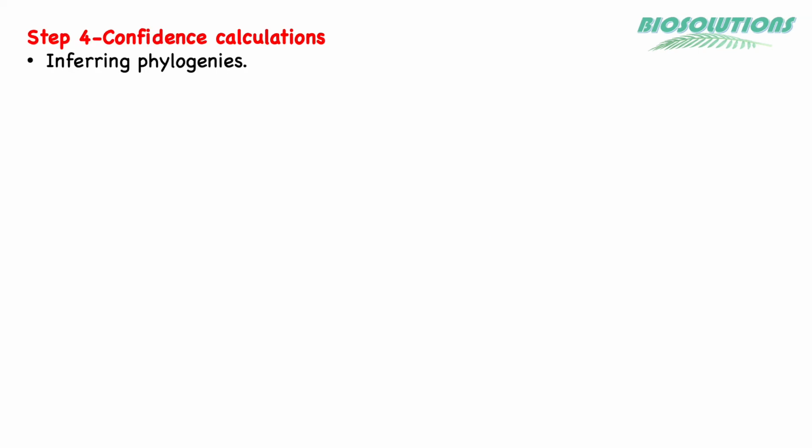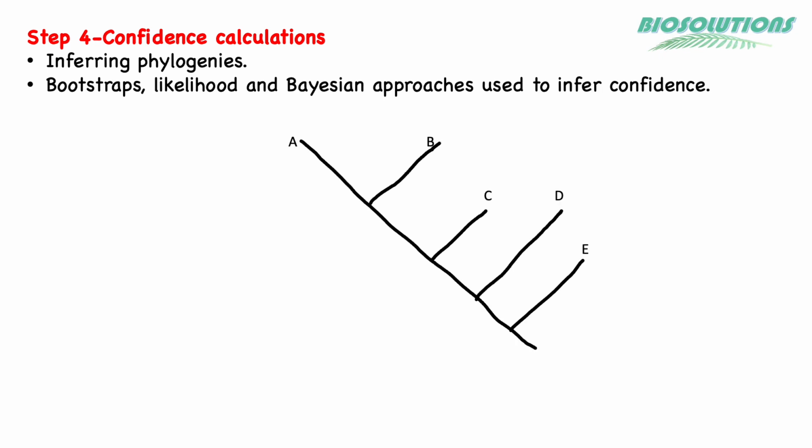The final step is to calculate confidence values for the tree. Since it's not possible to measure sensitivity and specificity of an inferred tree, as we do not know all the ancestral sequences and phylogenies, therefore bootstraps, likelihood, and Bayesian approaches are used to infer confidence. In bootstrap analysis, we statistically estimate the position of each branch by sampling 100 replicates.